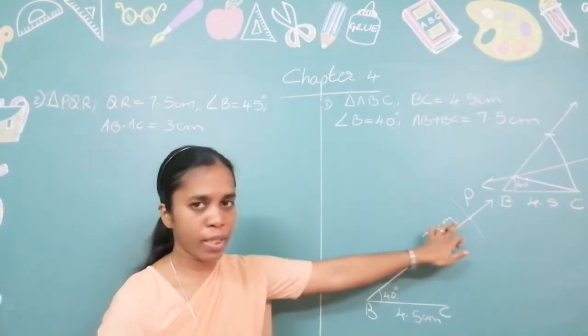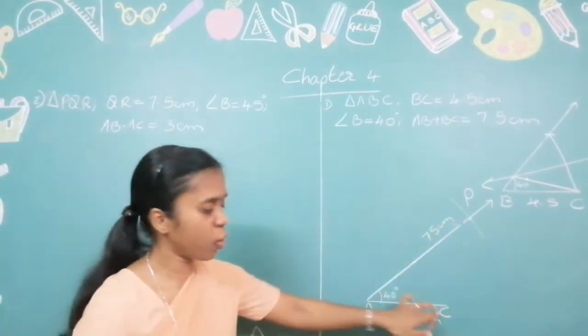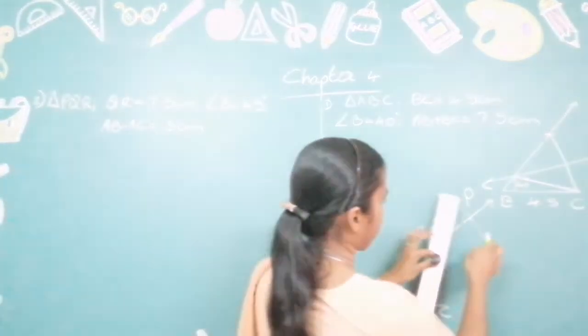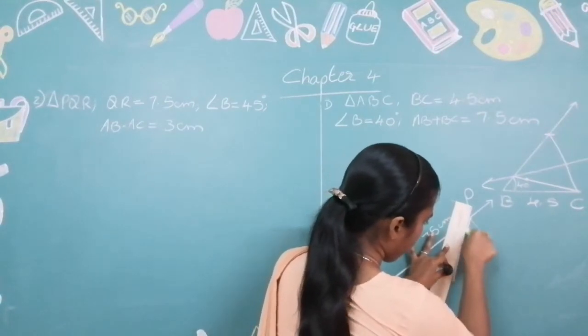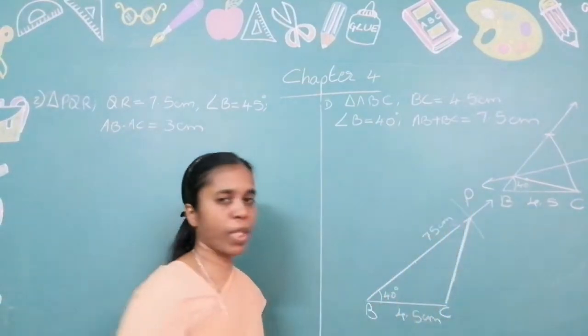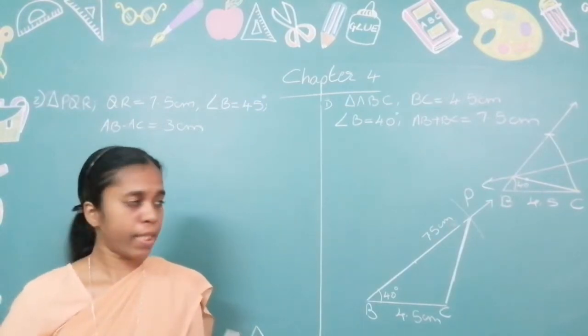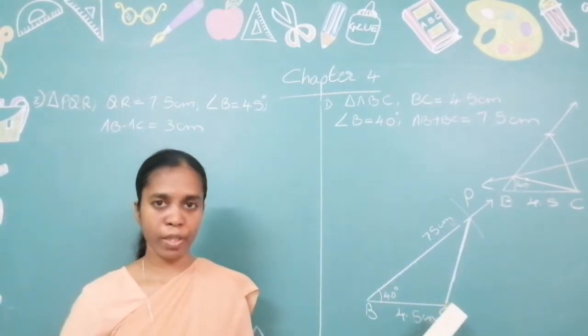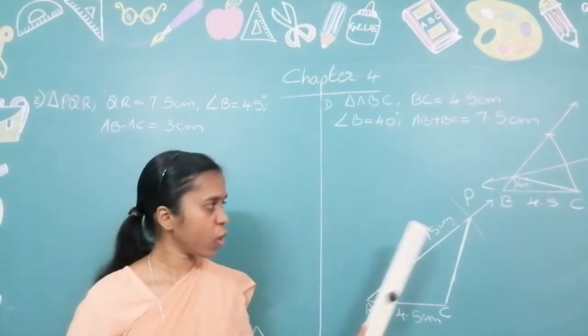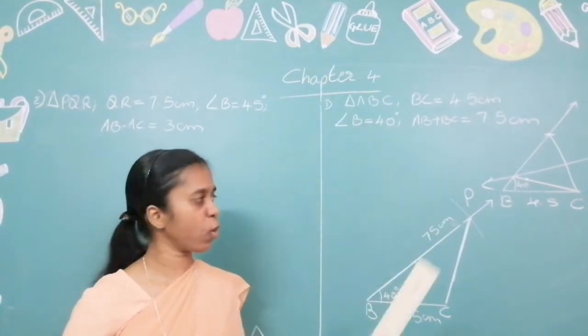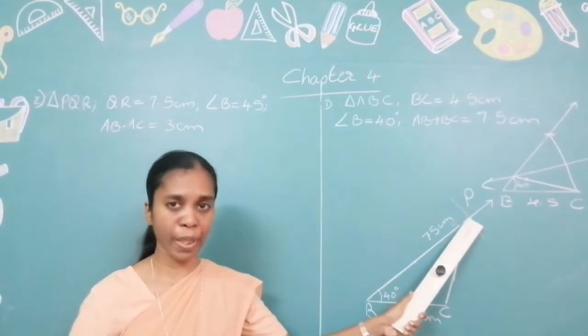Now you have got an intersecting point. From there you join to C. As I said, we have got a triangle over here. Is it the required triangle? No. This is not ABC. That is why I told you to mark this point as P.